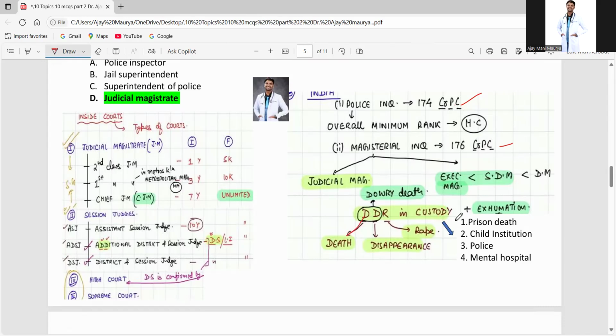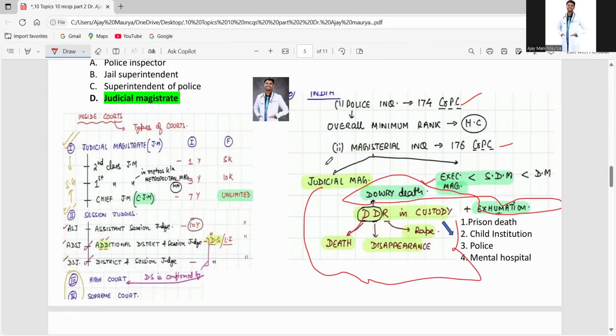These are the inquests done by the judicial magistrate. The executive magistrate will inquest only dowry death and exhumation. These two are done by the executive magistrate.